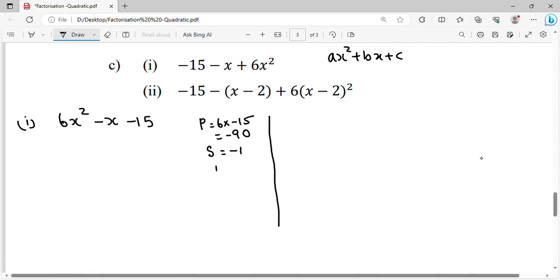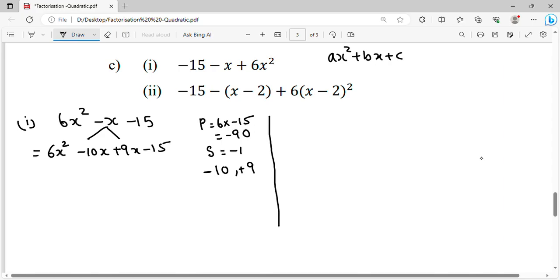So 10 times 9, which is very easy, but I need a negative sign. So obviously this becomes negative and this becomes positive. So this is 6x squared, and I could split my negative x as minus 10x plus 9x minus 15.